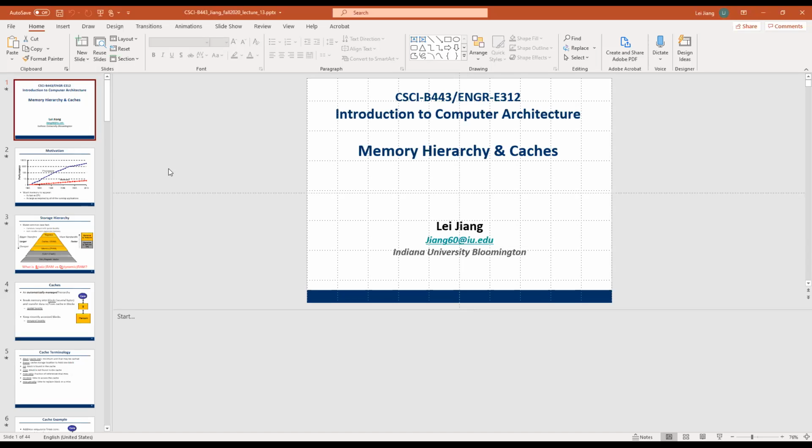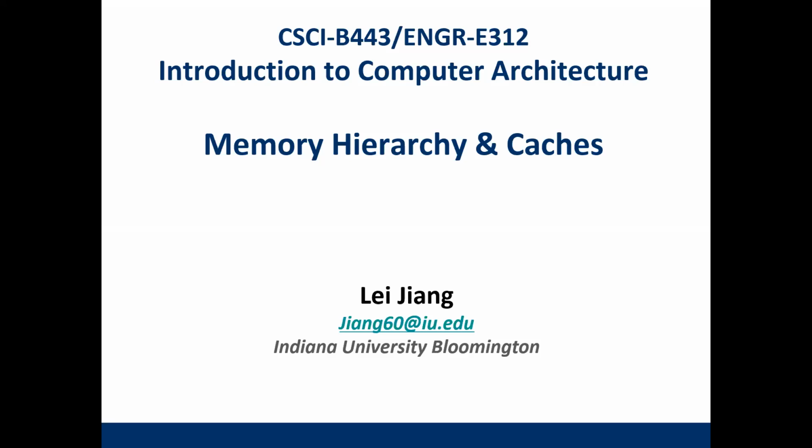Today we will talk about cache. So the memory, besides the core, the memory hierarchy is the other very important component in the CPU, because nowadays we run a lot of big data applications.